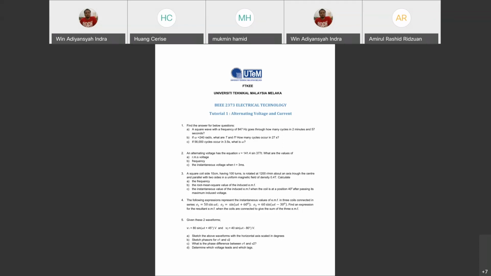Number 3: a square coil, side 10 centimeters, having 100 turns, rotated at 1200 rounds per minute, RPM, about an axis through the center and parallel with two sides in a uniform magnetic field of density 0.4 Tesla.